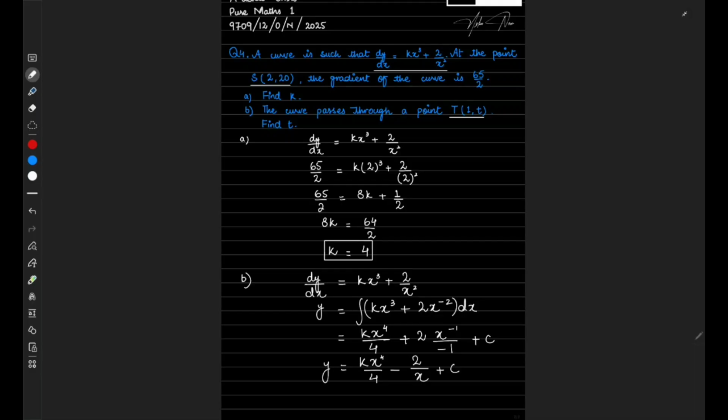Now we have one point that lies on this curve, S(2, 20), and we can use that to find c.